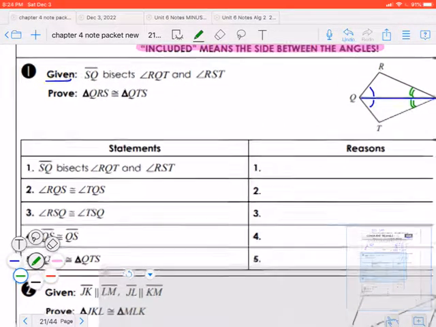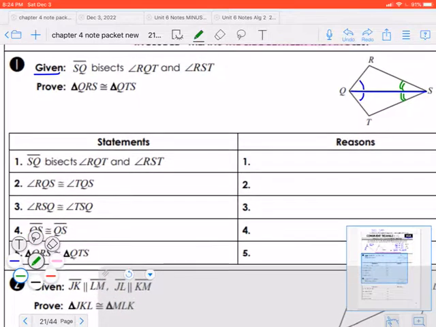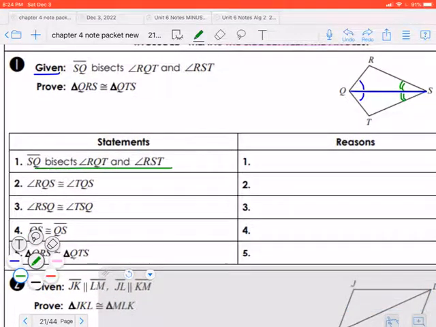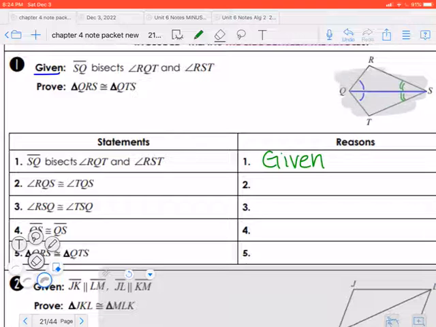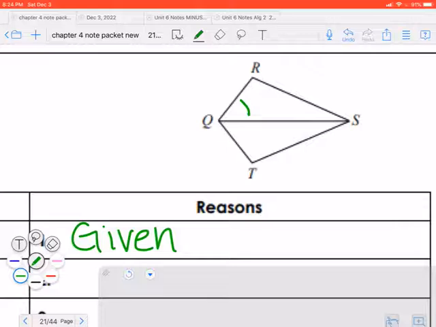So in this proof, we've got the statements written out for us already. That makes it a little bit easier. SQ bisects the two angles. That is given. Next it says RQS is congruent to TQS.